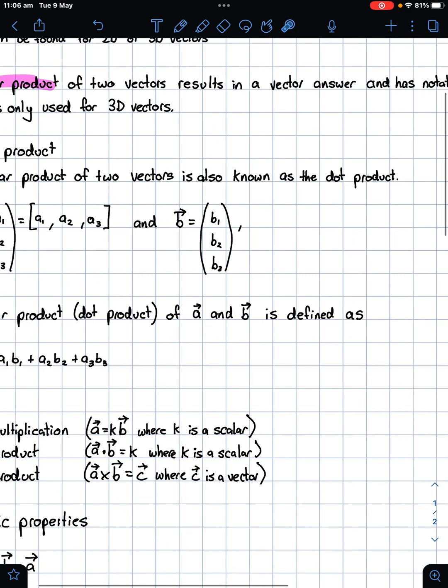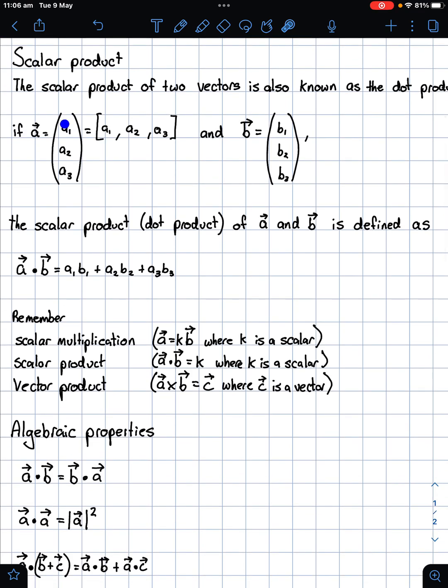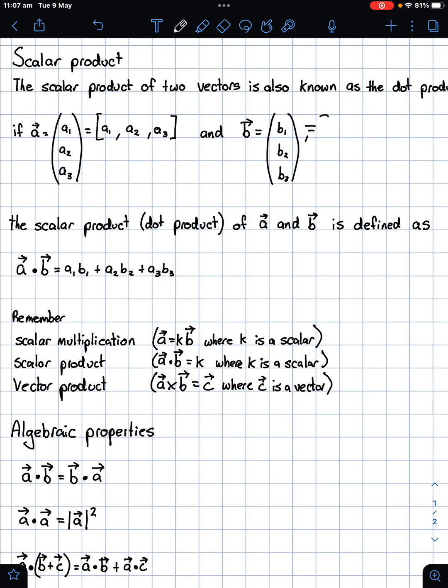The scalar product of two vectors is also known as the dot product. If we have vector a with its components a1, a2, a3, and b is b1, b2, b3, I'm trying to remember to change notation to what our SACE notation expects of us.